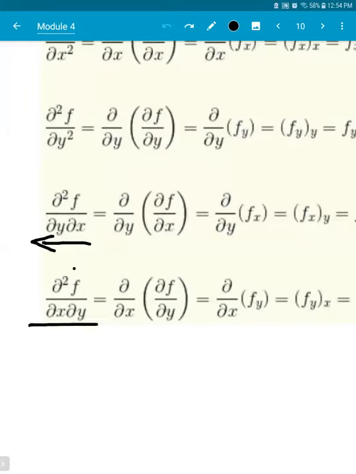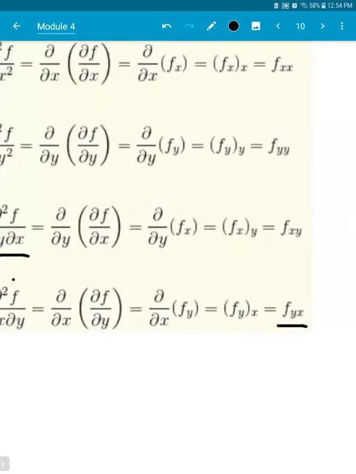Similarly, this one reads from right to left: you take the partial first with respect to y, then with respect to x. Or more conveniently, we just write f sub yx, left to right, so y first, then x.